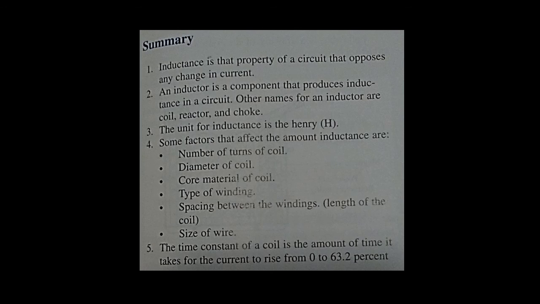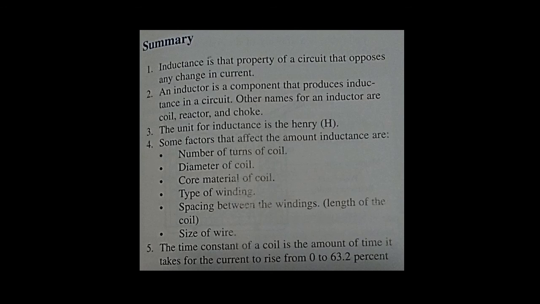Mutual inductance is two or more coils linked by magnetic lines of flux. The following formulas are used to compute inductance in a circuit. Inductors in series: LT equals L1 plus L2 plus L3 and so on.